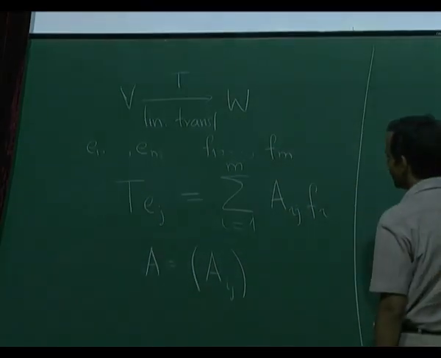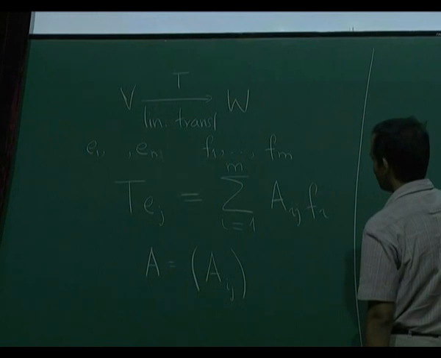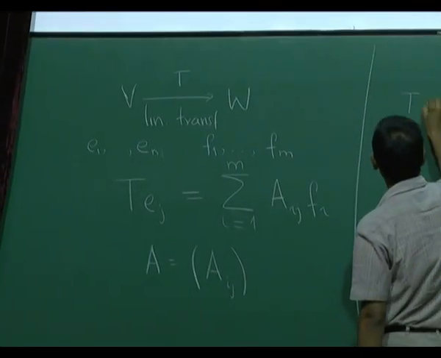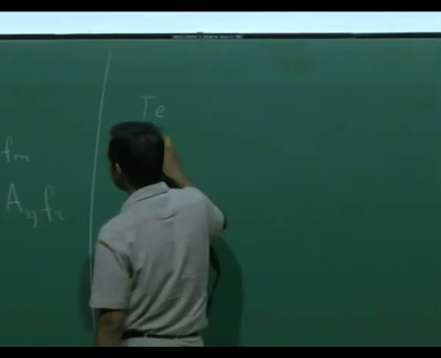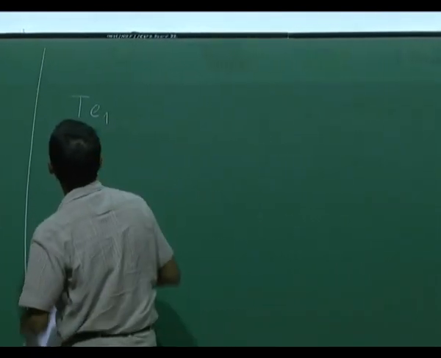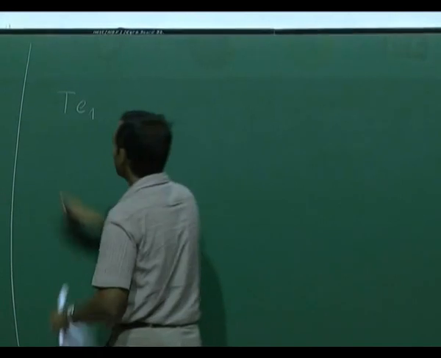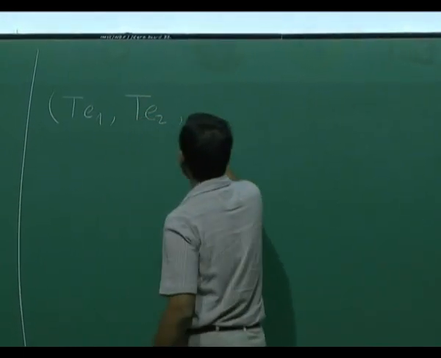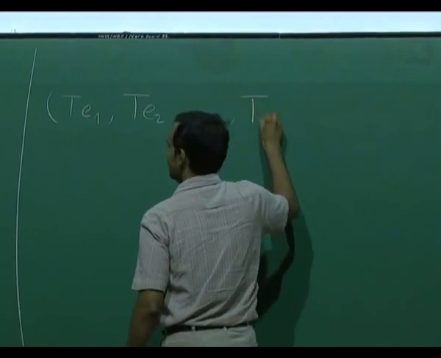One way to write this is to take the row vector whose entries are themselves vectors: Te1, a vector in W, Te2, also a vector in W, up to Ten.